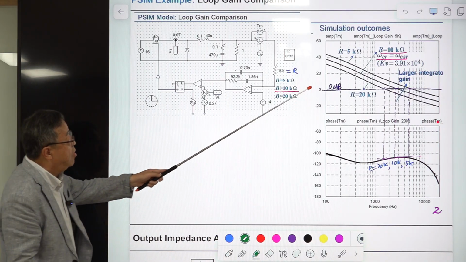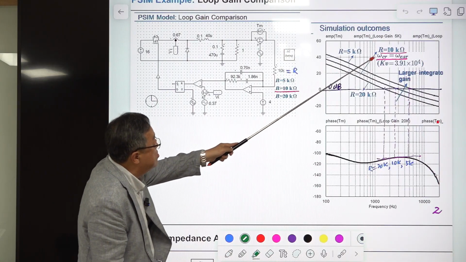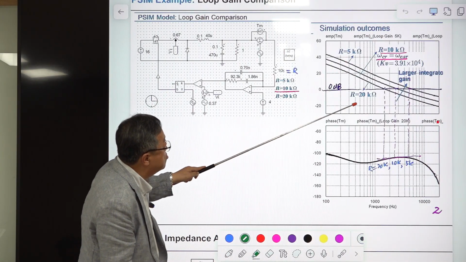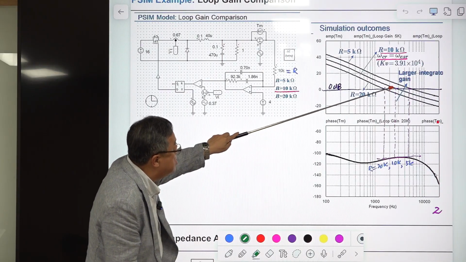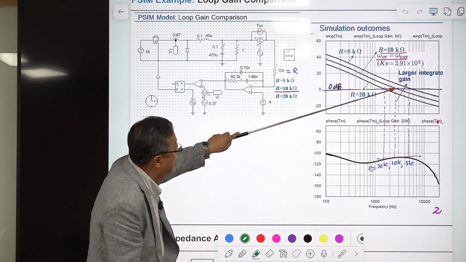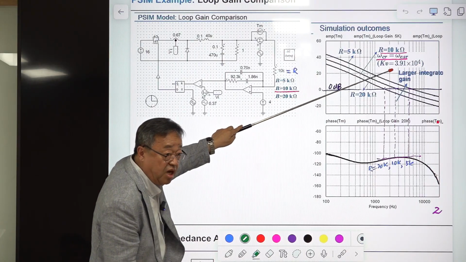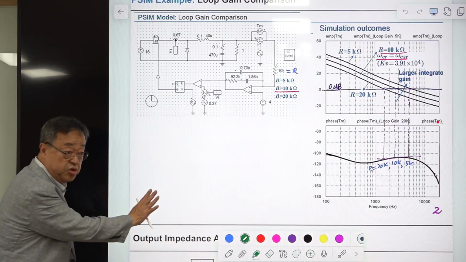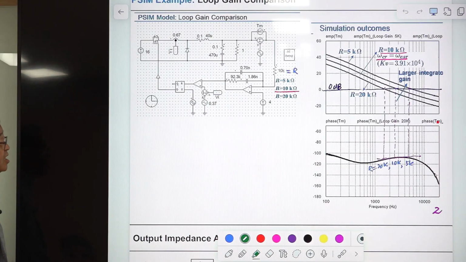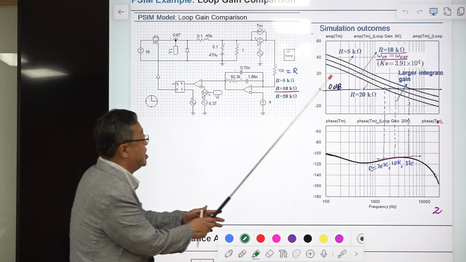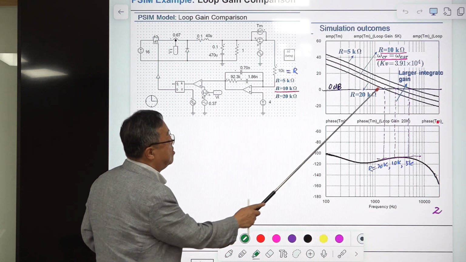So we have 3 cases: 10K, 5K, and 20K. At 10K, this is designed to place the loop gain crossover frequency at omega ESR. This is the design we used, and I think this is the best design. Around that, we increased and decreased the crossover frequency.